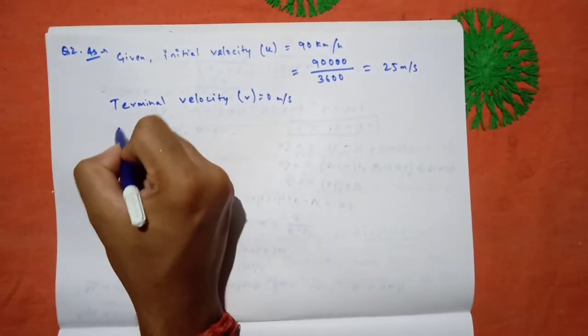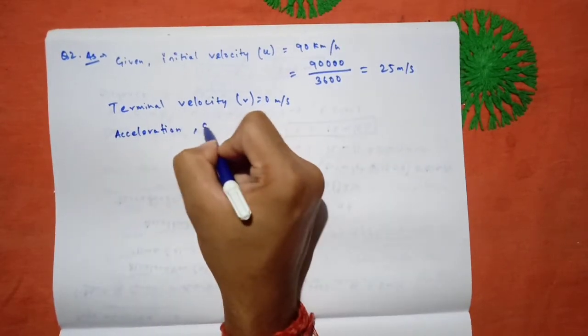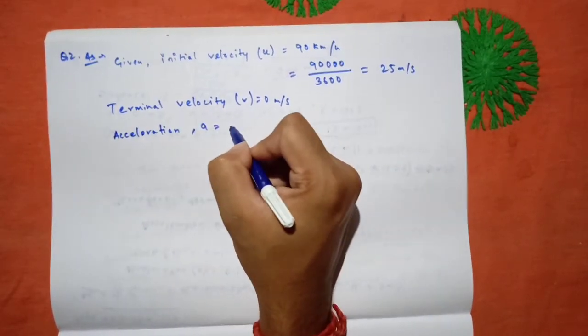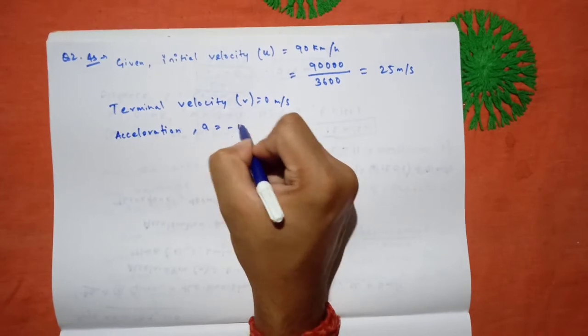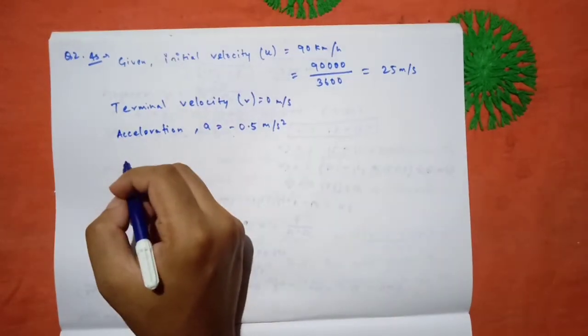Now acceleration is given. Acceleration a is equal to minus 0.5 meter per second square.